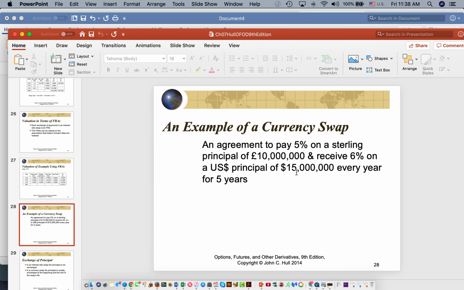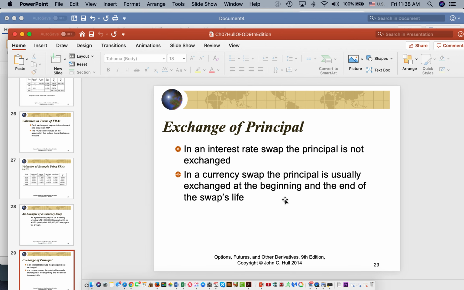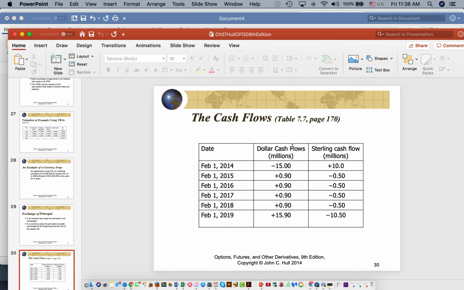So if we look at this dollar swap counterparty, you can see the dollar cash flows: they give 15 million and then they receive in return 0.9 million over the years, and years are just 1 year, but in swap terms it can also be after 6 months or after 3 months.